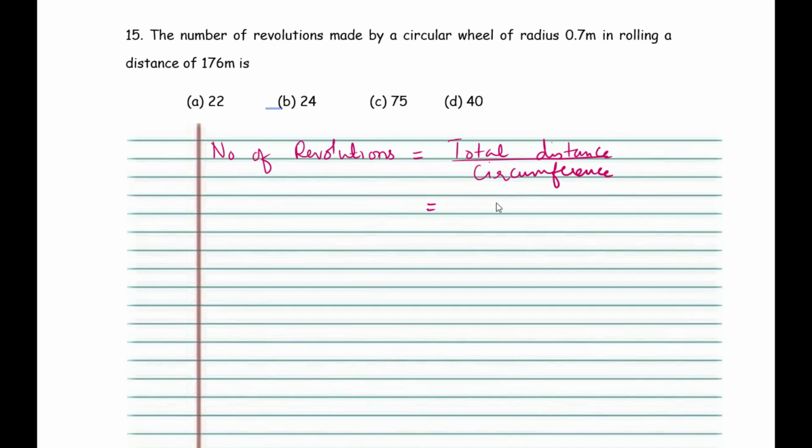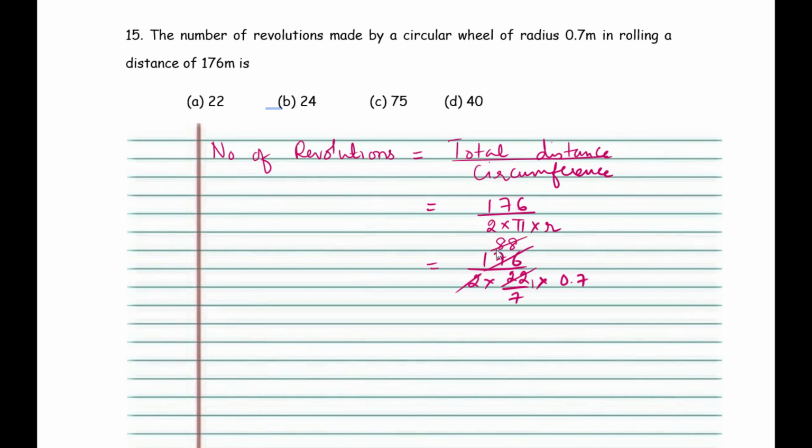So what is the total distance covered? It is 176 divided by the circumference of the circle, which is 2 into pi into r. So 176 divided by 2 into pi value 22 by 7 into radius 0.7 meters. 2 eights are 16, 2 times 88 is 176.